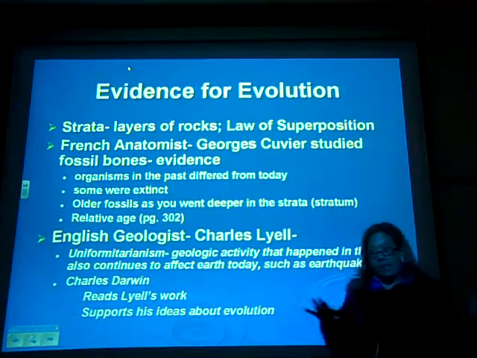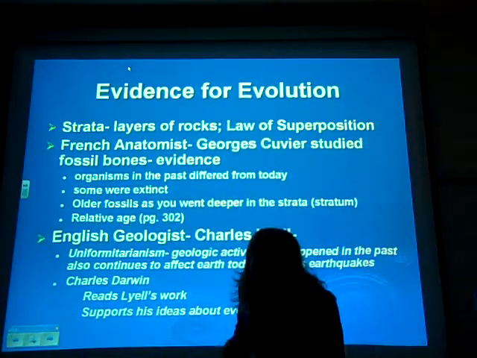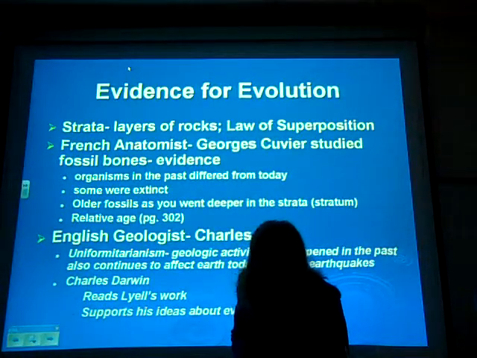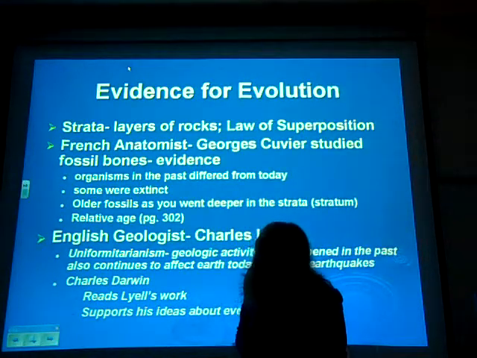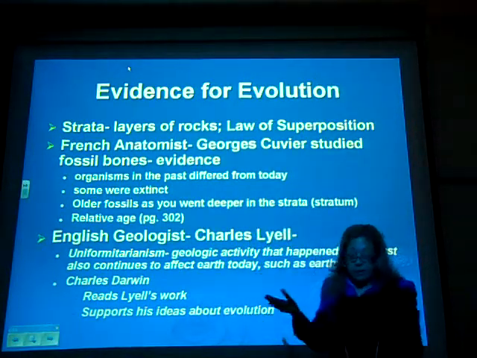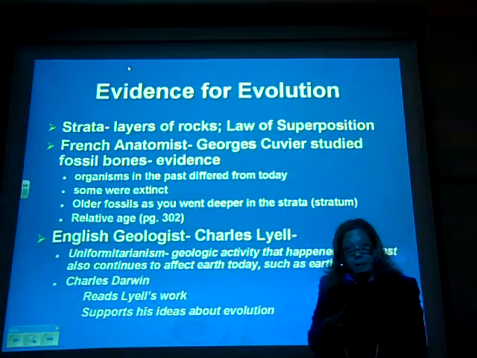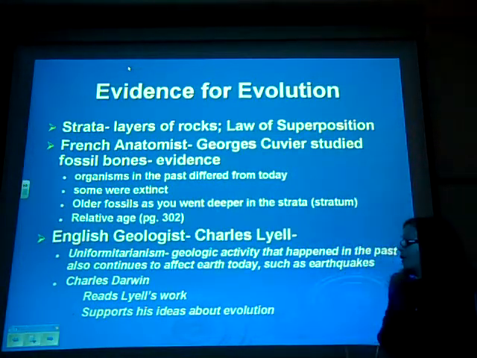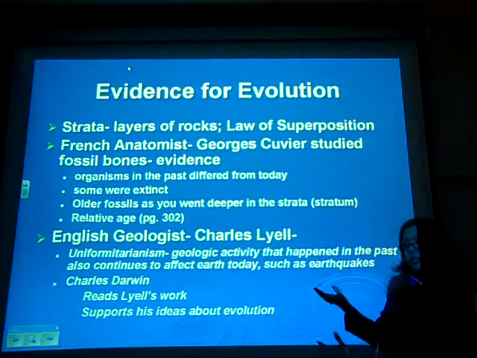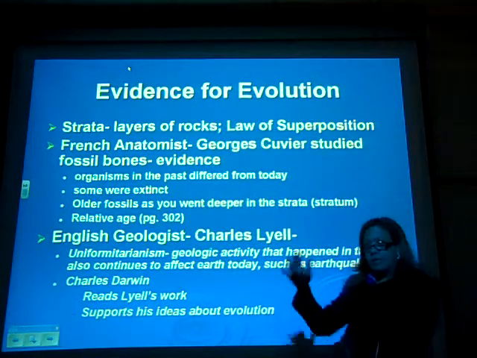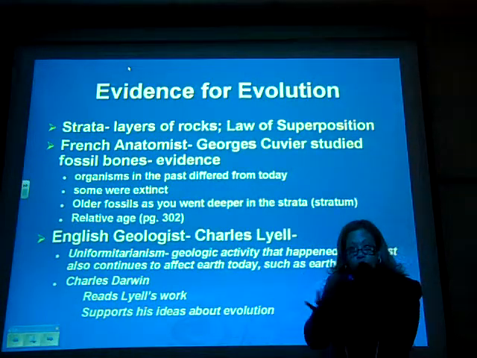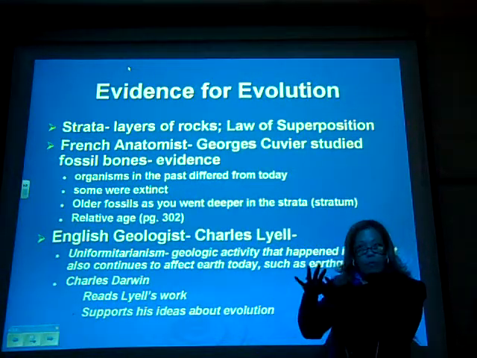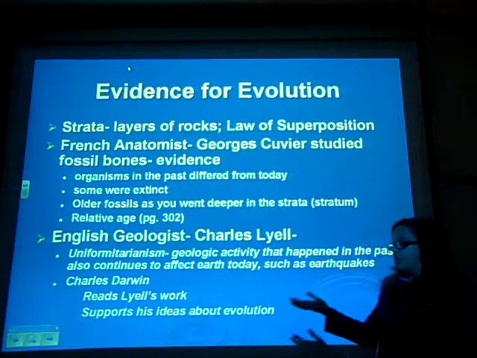If you look on page 298, figure 15-2, you'll see a nice picture of the Grand Canyon. The Grand Canyon has been, and still is, a place where scientists study organisms, and they are able to look at the organisms in the bottom layers and realize that those organisms have been here for a long time, and some of them have become extinct.